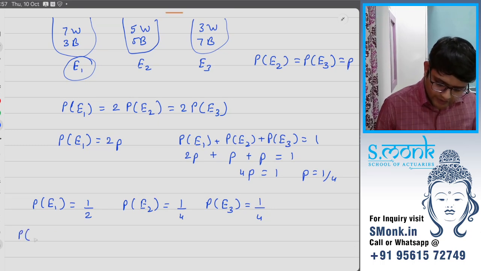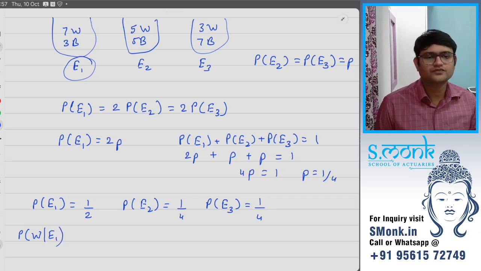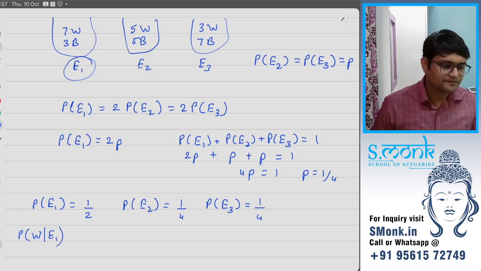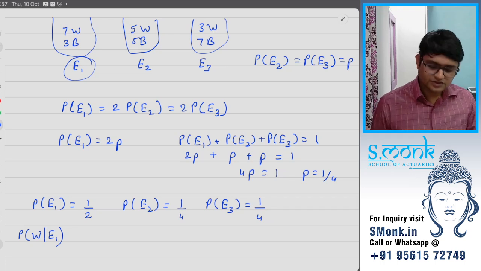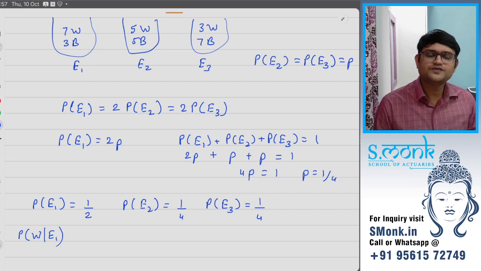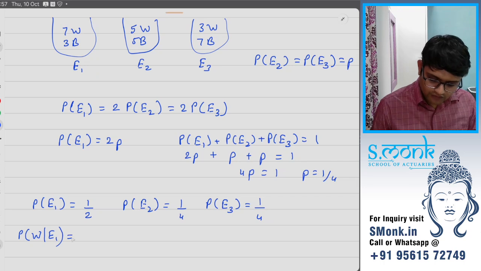So it's the probability of choosing a white ball given I chose the first bag. Whenever I'm saying if I chose the first bag, that is the given information. So if I chose the first bag, probability of choosing a white ball would be 7 by 10, or I'll just write 0.7.